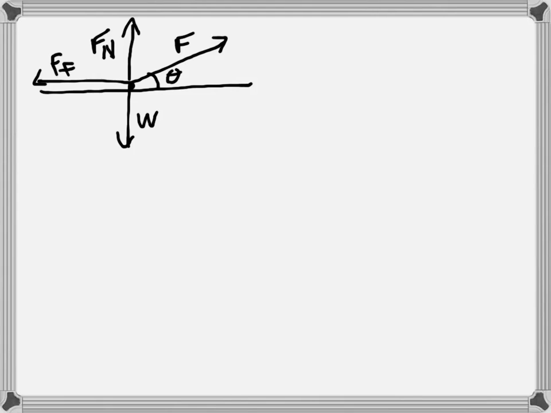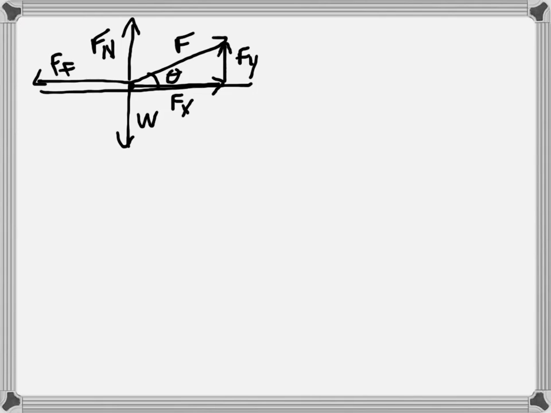And remember, for our FBDs, we're going to try to put all the vectors on an XY grid, and so this pull force along the rope is not on the grid, and so we would like to replace that with a force going over, which we would call maybe Fx, and a force going up, which we would call maybe Fy.